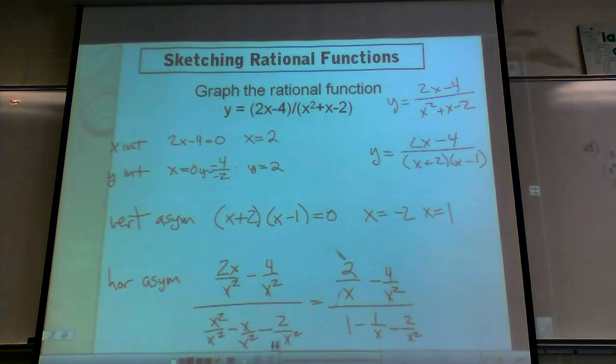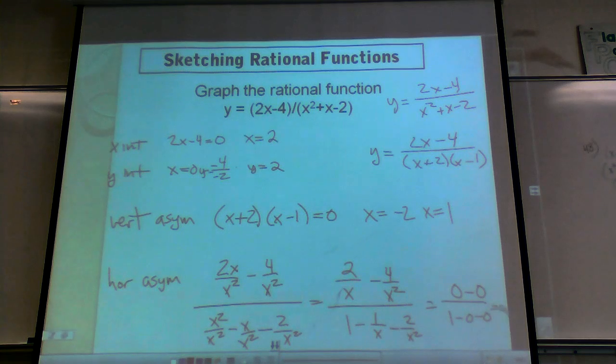Remember I said everything that's got a number on top and a variable on the bottom, treat it as 0. It doesn't matter, because I'm talking about this fraction getting small, small, small instead of bigger. So it's going to be 0.